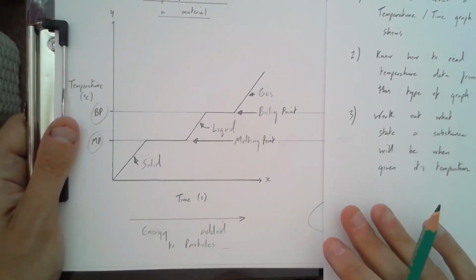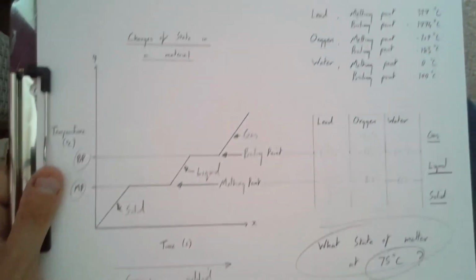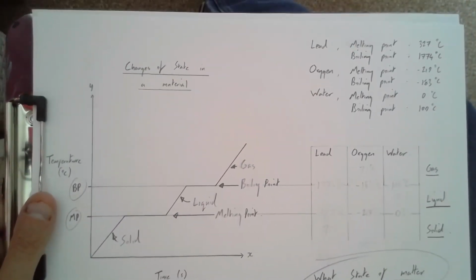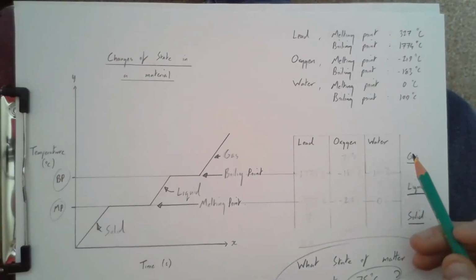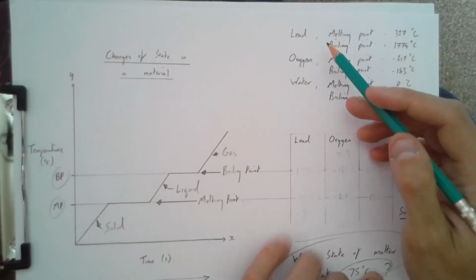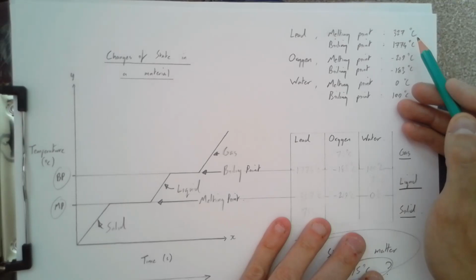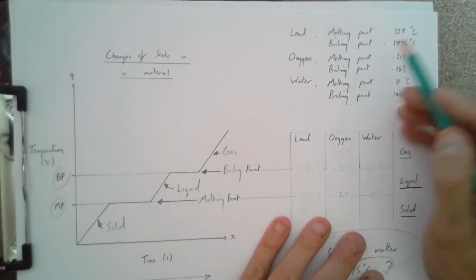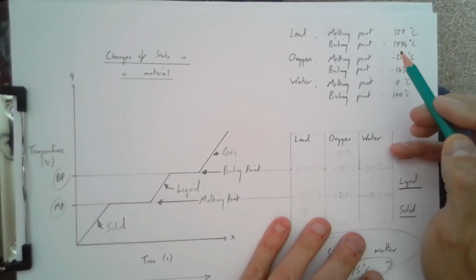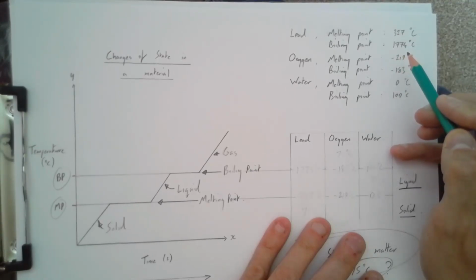But what does this mean for different materials? Well, if we look at lead, we can see that its melting point is 327 degrees Celsius. It's really high, and its boiling point is even higher, 1774 degrees Celsius.